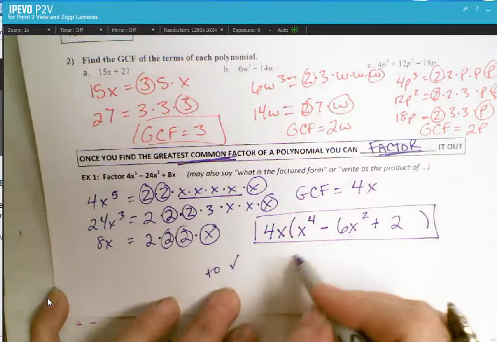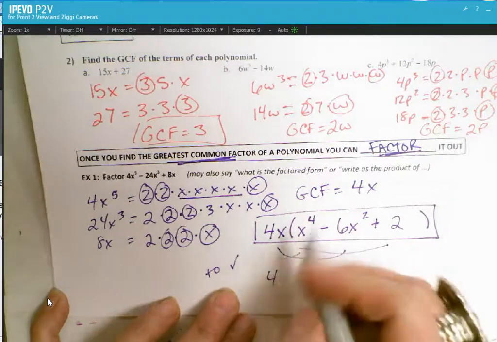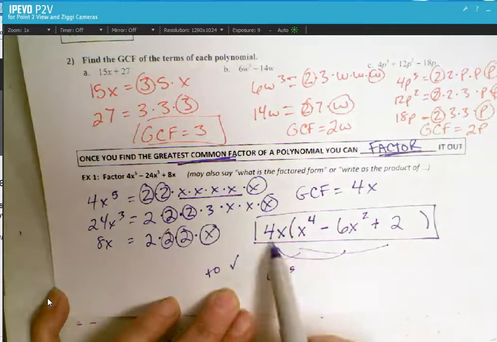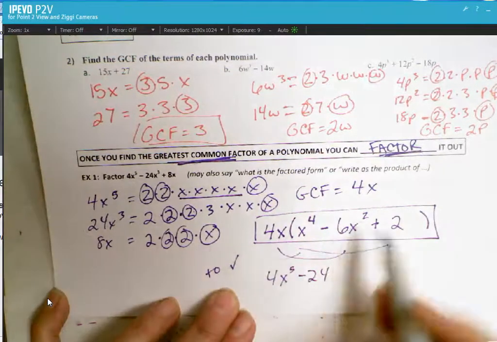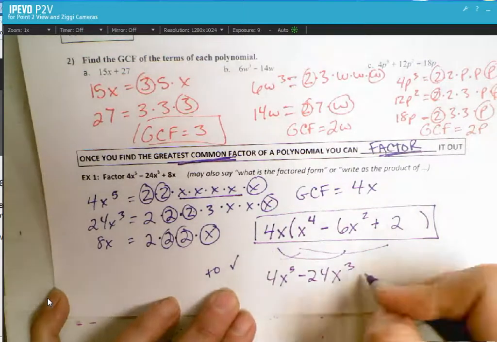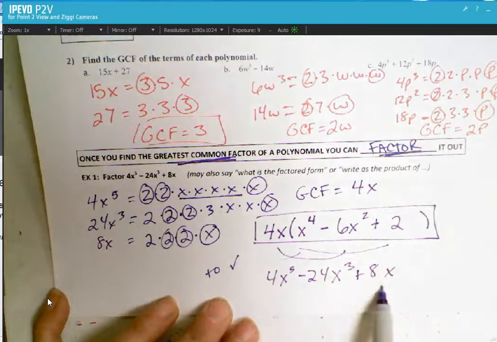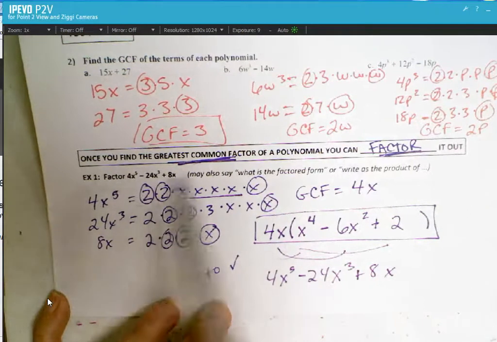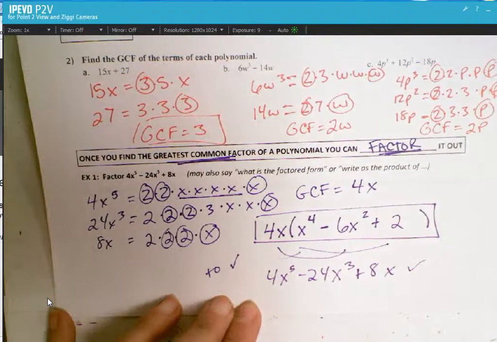So if I redistribute this, I end up with 4 times 1 is 4. x to the first times x to the 4th, I add my exponents. 4 times negative 6 is negative 24. x times x squared is x to the 3rd. 4 times 2 is 8. And x comes along for the ride. Is this the same exact thing where I started? Then I know my answer is properly factored.